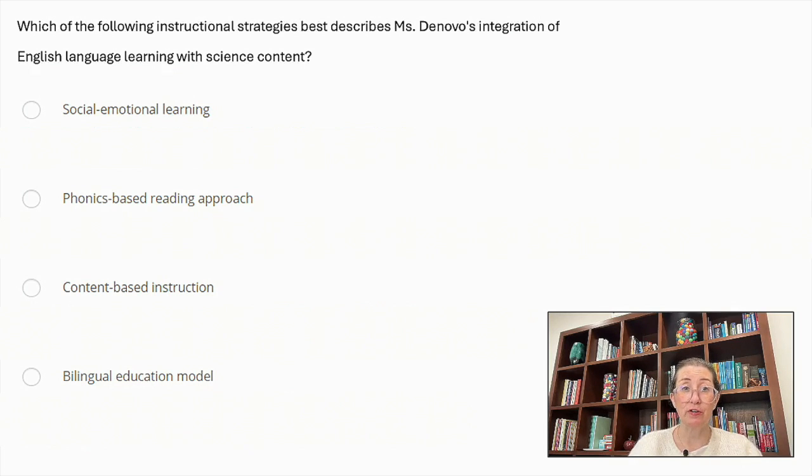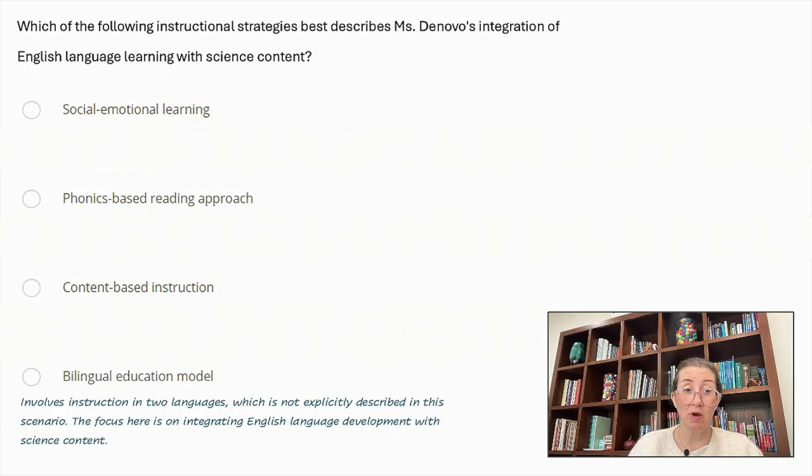Social emotional learning, phonics-based reading approach, content-based instruction, or bilingual education model. Beginning there. Bilingual education model involves instruction in 2 languages, which is not explicitly described in this scenario. The focus here is on integrating English language development with science content. So we can cross that out.